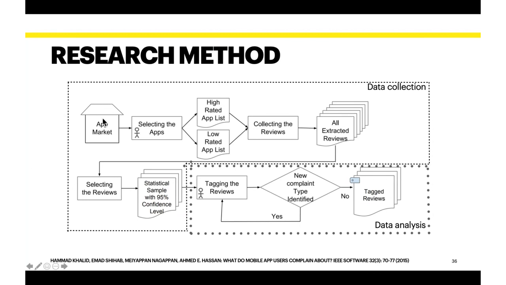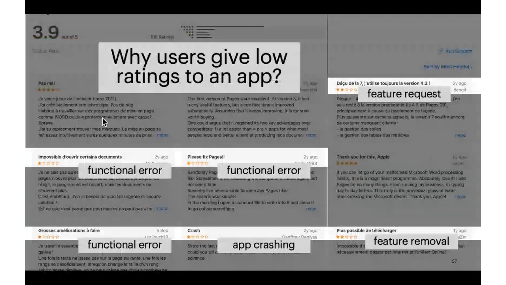So the reasons were that primarily the issues the users saw with those apps were related to functional errors, to app crashing. Sometimes features that the users used to like have been removed, and sometimes the users missed features they wanted.